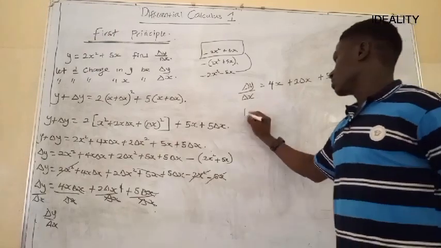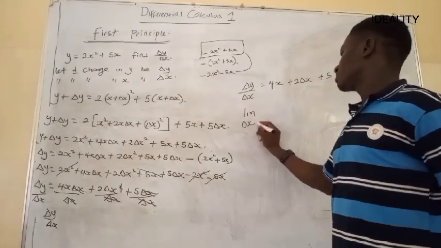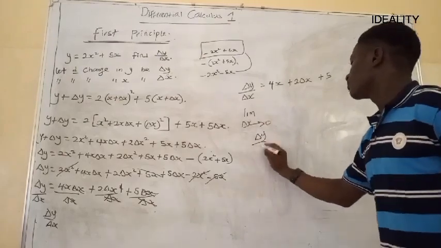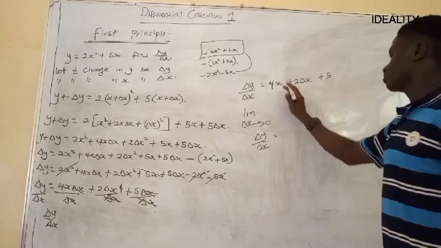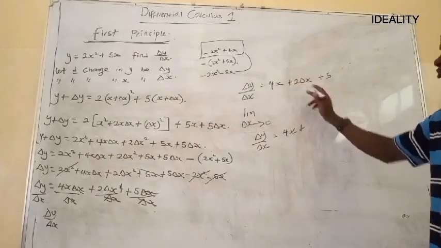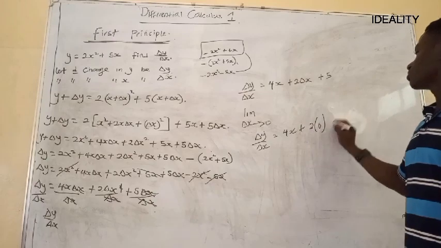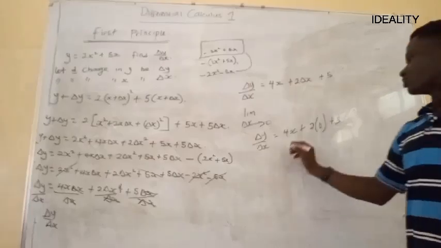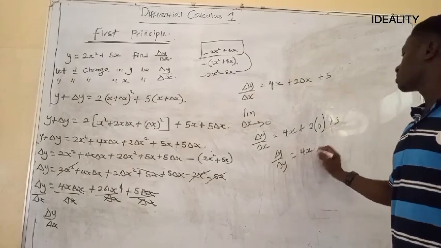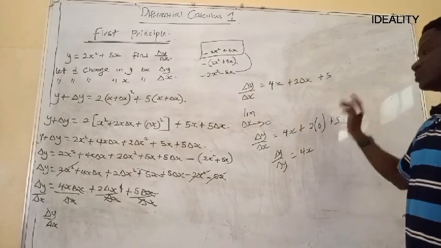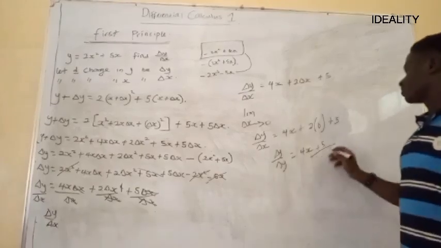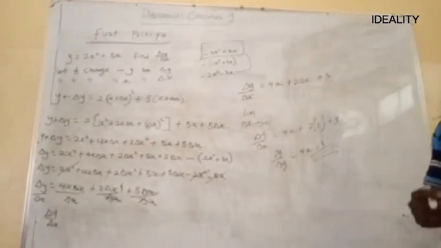So you say limit when theta x tends to 0. So you have theta y over theta x equal to 4x plus, anywhere I see theta x, I'll put 0, 2 open bracket 0 plus 5. So it is 4x plus 2 times 0, plus 5. And our final answer is 4x plus 5.